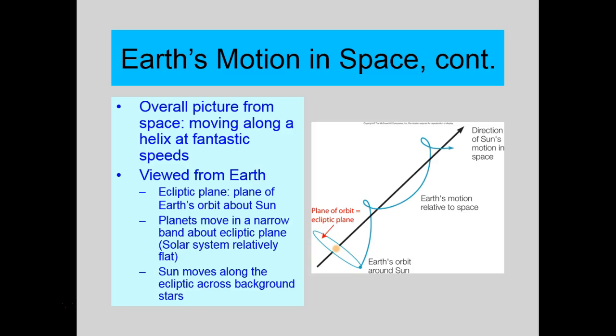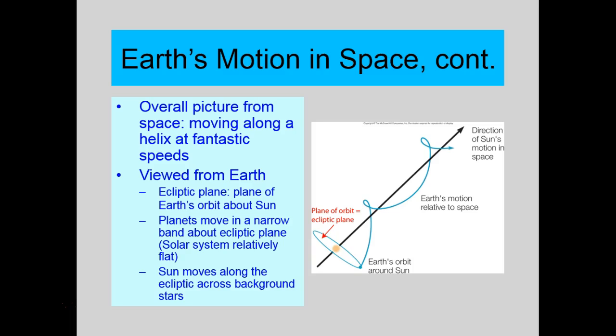Now, viewed from the Earth, the ecliptic plane is the plane of the Earth's orbit around the sun. So again, if Amanda was the sun there, this plane that we make as we go around the sun, that would be the ecliptic for us. Okay. The planets move in a narrow band around the ecliptic, and that's what I showed you just a little bit earlier.